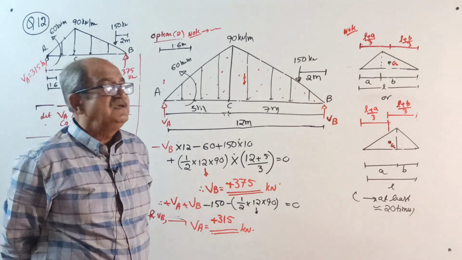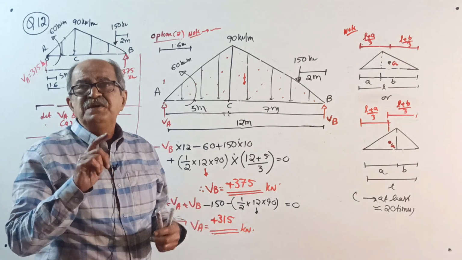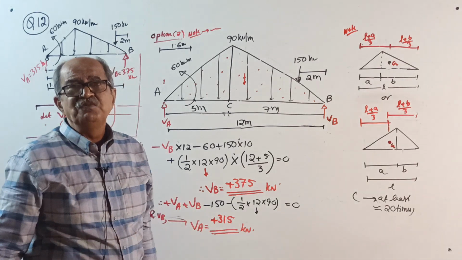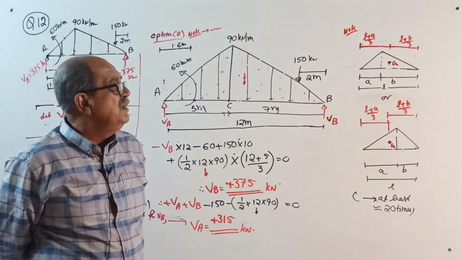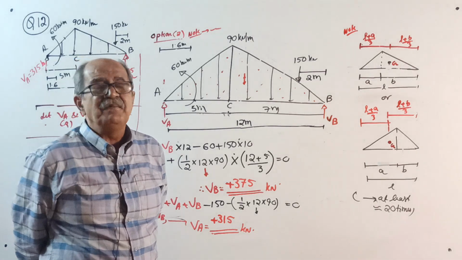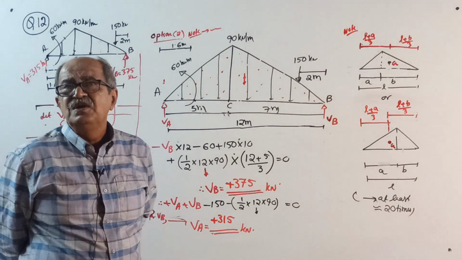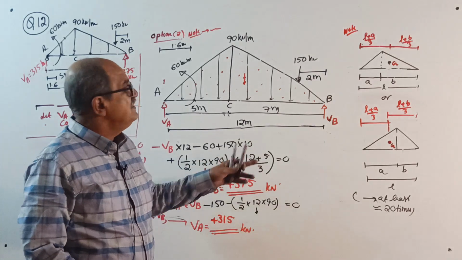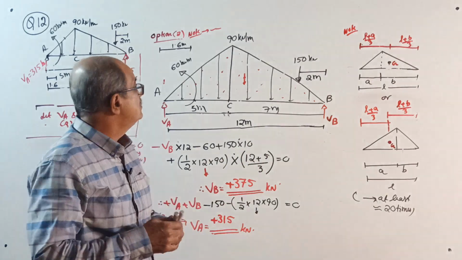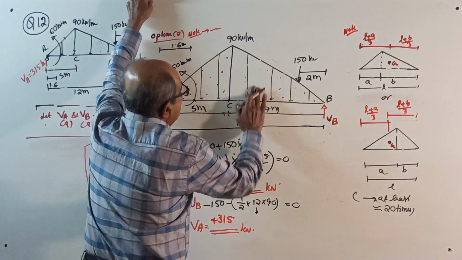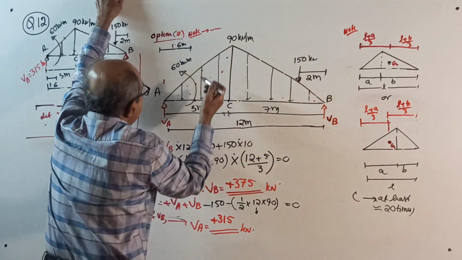They are different lengths, so the centroid will shift to that side where length is more or area is more. Some people will have a problem: so many formulas, how to remember all? In that case, those who find difficulty, make a note here.